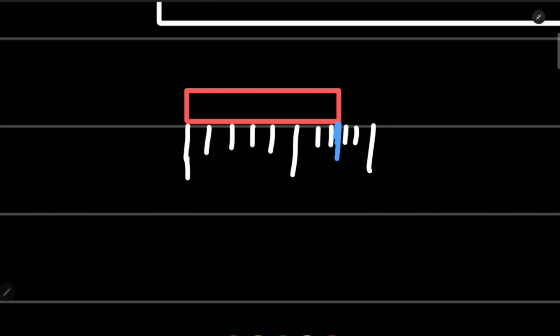So in this case, I'll either take this value as the reading or this value as the reading. There is an inaccuracy caused over here since there is no marking over here. No instrument can really measure this length exactly. So this is an uncertainty caused over here.